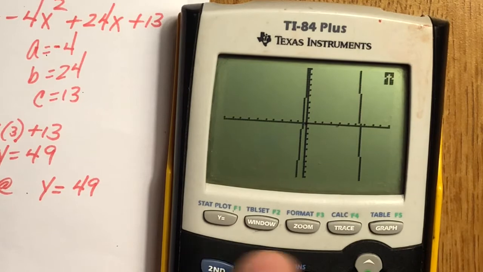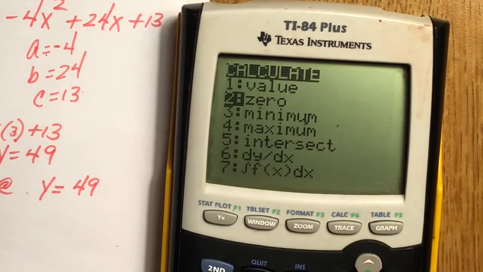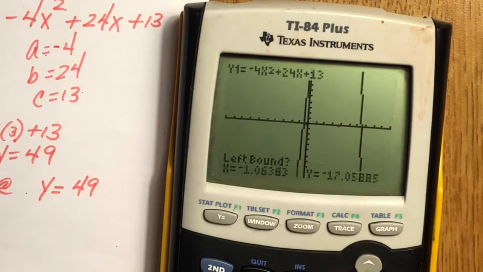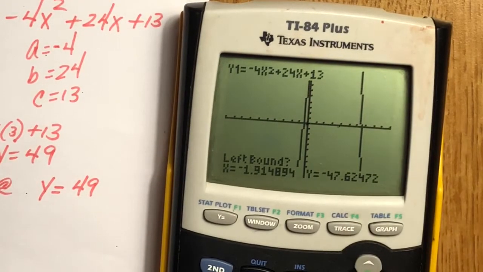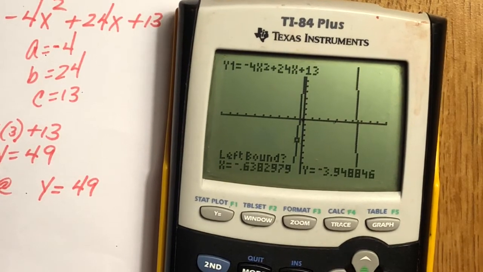By using second calculate right here, I can find the zero. Now, your calculator is smart, right? This probably goes on forever, so let me see if I can find my cursor here. There it is.